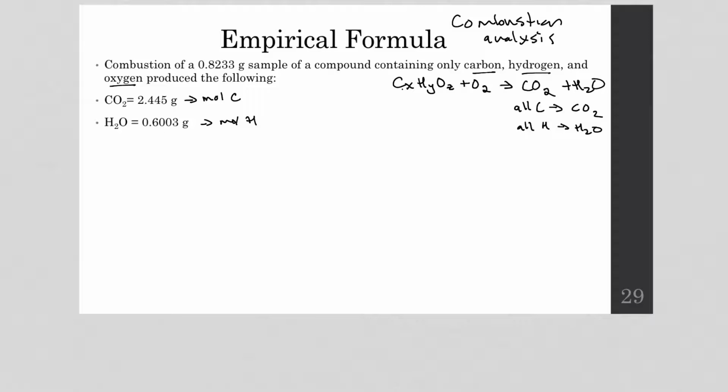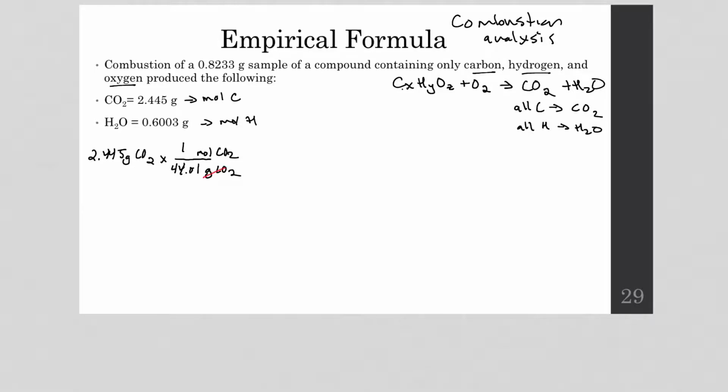So if we start with my 2.445 grams of CO2, I can convert that into moles of CO2 by calculating the molar mass of CO2, and we did this on a previous slide, so I'm just going to show it here. So 1 mole equals 44.01 grams of carbon dioxide.